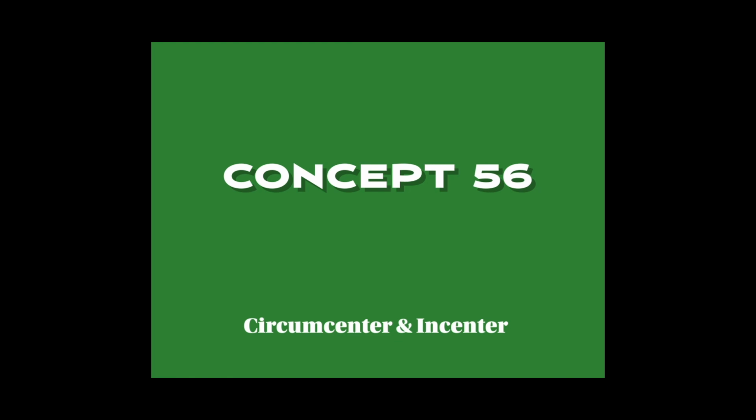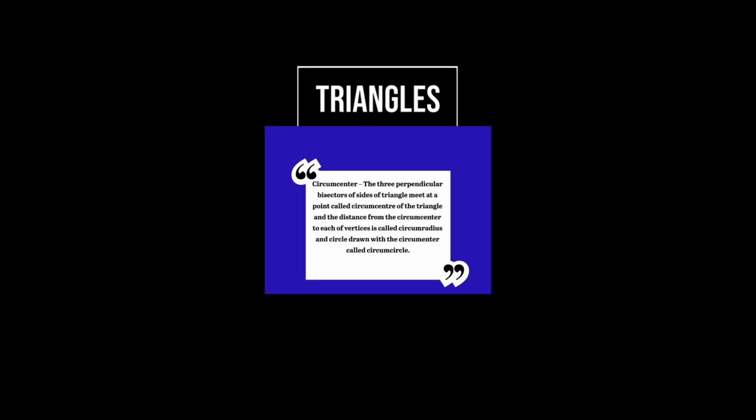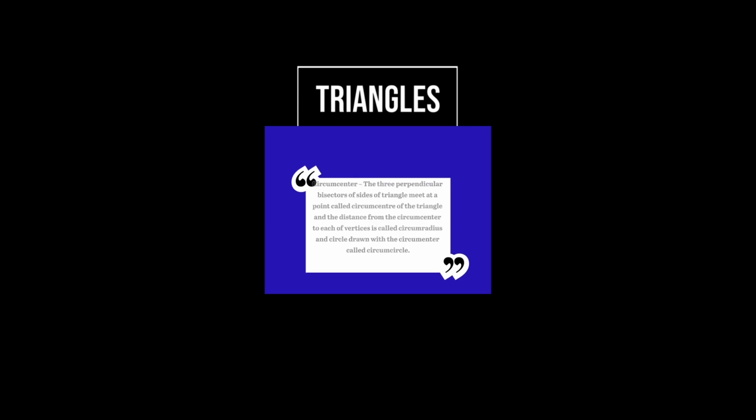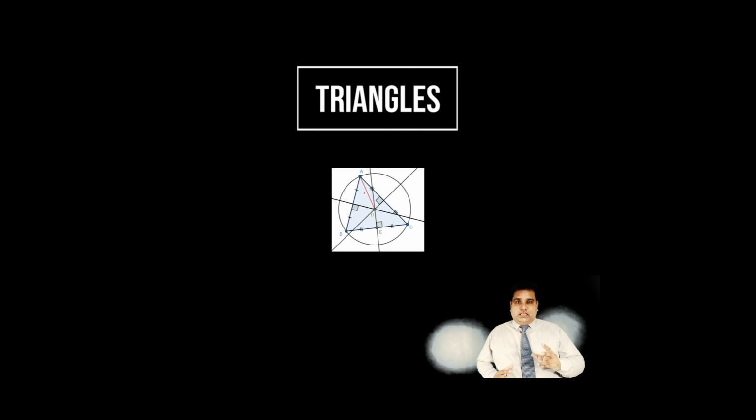Next, circumcenter. The three perpendicular bisectors of the sides of a triangle meet at a point called the circumcenter of the triangle, and the distance from the circumcenter to each of the vertices is called the circumradius, and the circle drawn with the circumcenter is called the circumcircle. So here the very important thing is the three perpendicular bisectors of the sides.